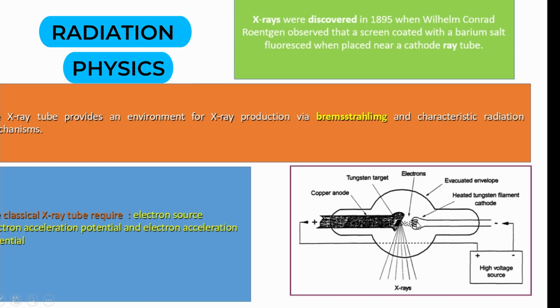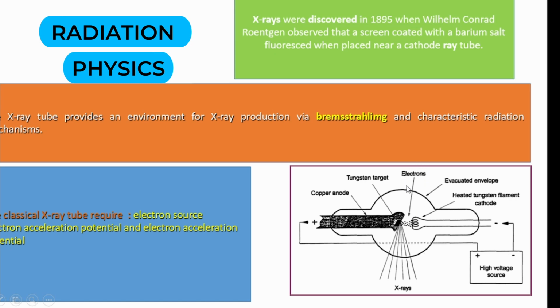During the process of acceleration, they lose their energy as they go and they decelerate. The process of deceleration, or reduction of speed of these electrons from the cathode to the anode, is what we then term Bremsstrahlung.